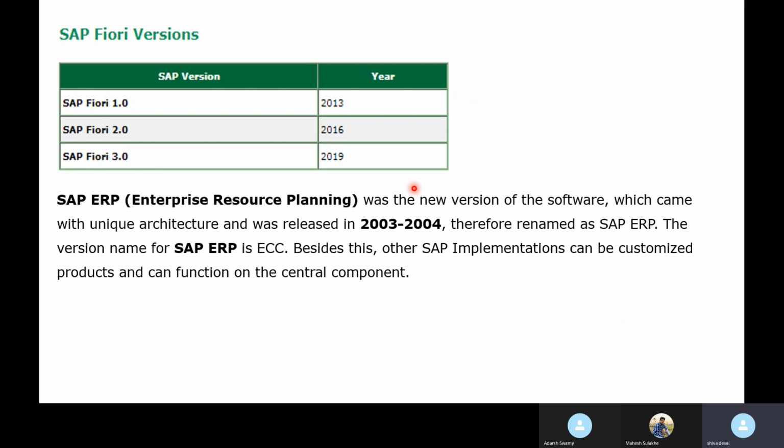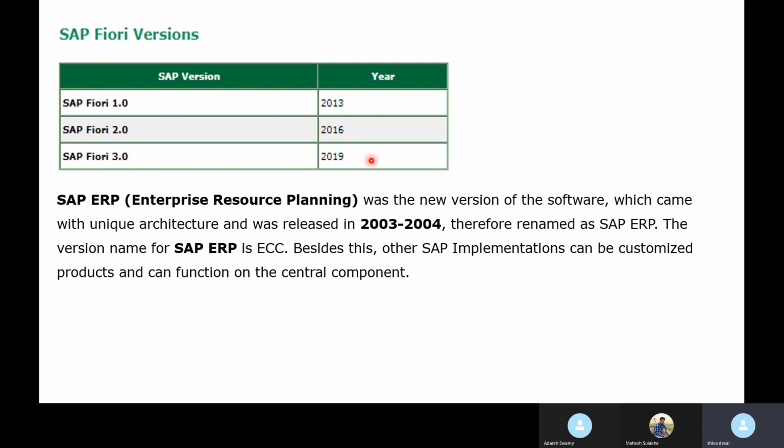Then they came up with a solution called Fiori. So Fiori is the latest HANA technology through which mobile applications are enabled. Okay, collect details about this Fiori and all, I'm telling at a very high level. You have to collect details.